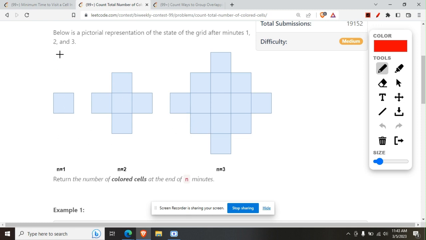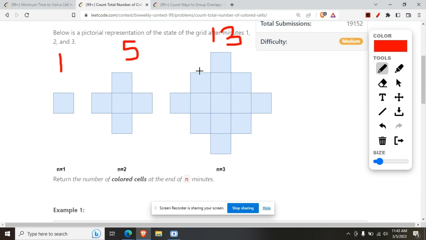At n equals 1, first of all, just write it. In these types of questions we just have to observe something. At n equals 2, how many cells are there? You just have to see that and write it down. It is 5. At n equals 3, we have 13 cells.